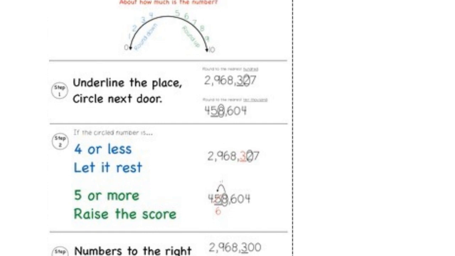Now, we underline that number, but then we have to circle or underline or identify the number to the right of it. That number to the right of it will allow us to make a decision. So that's what this step 2 is about here, right? If it's 4 or less, we let it rest. If it's 5 or more, we raise the score. So what the heck does that mean?